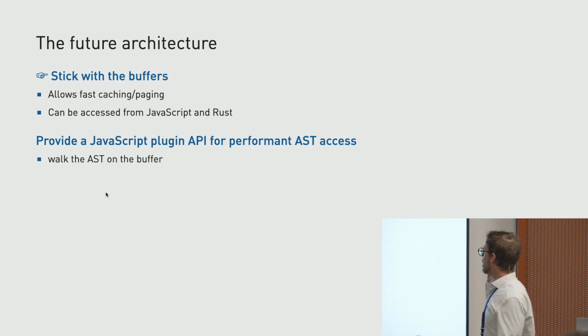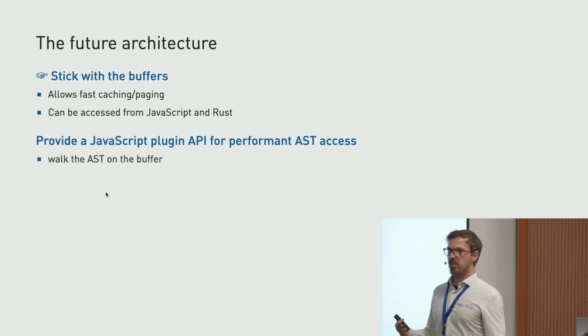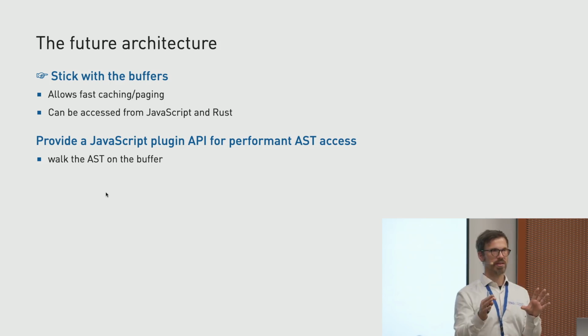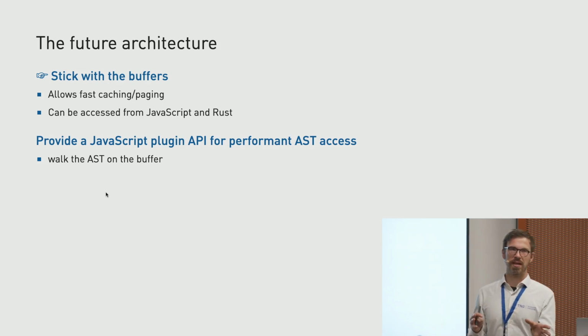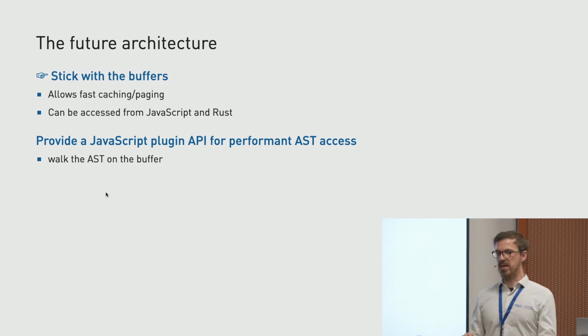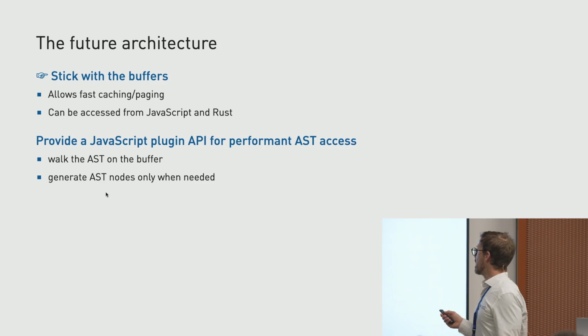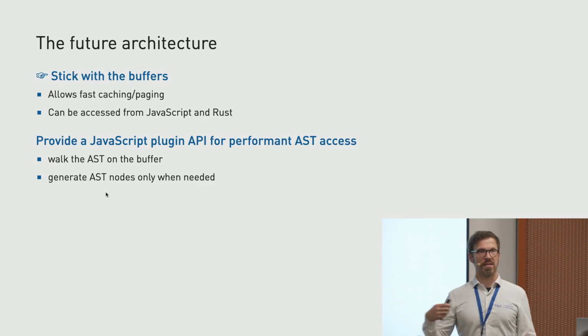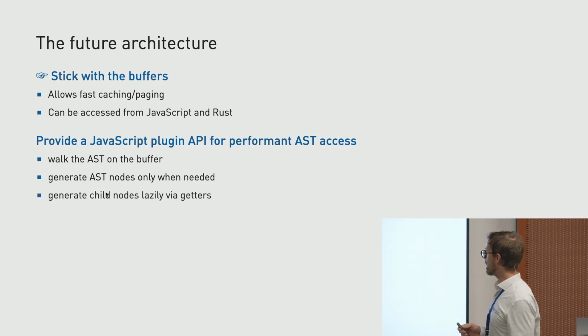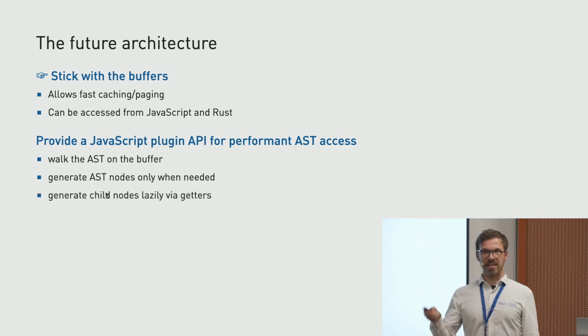It is an API to give plugins what they need, so the plugins can say, okay, I'm only interested in imports, give me all imports, and then my algorithm just walks over the buffer, figures out the imports, and when it finds an import, it generates the AST nodes as needed. And the AST nodes are not only generated lazily, they're also using getters for all child nodes.